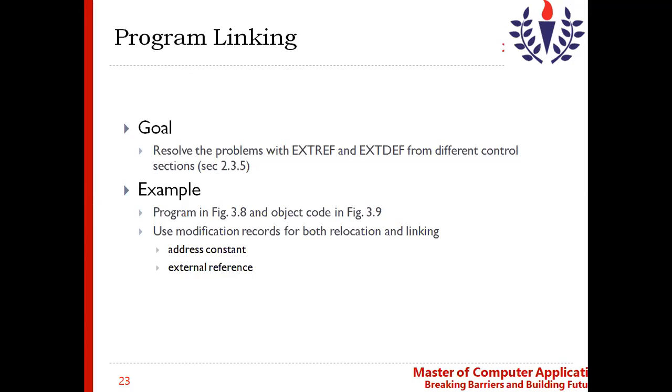Program linking tells you that the linking happens between the object programs. Whenever external symbols are referred, that is, symbols are referred from another program to our program, how it is going to resolve those external symbols is what is dealt with in program linking.